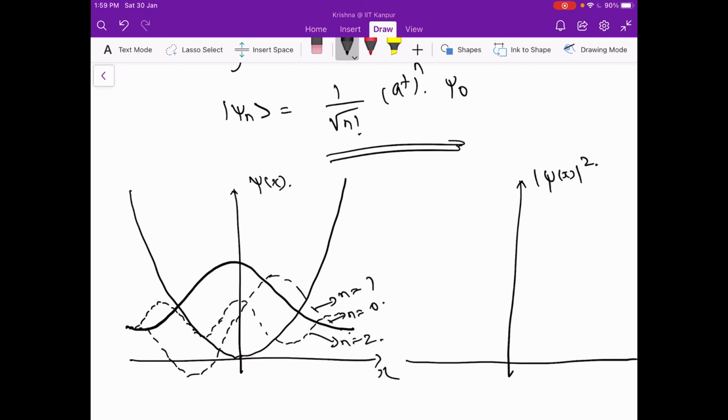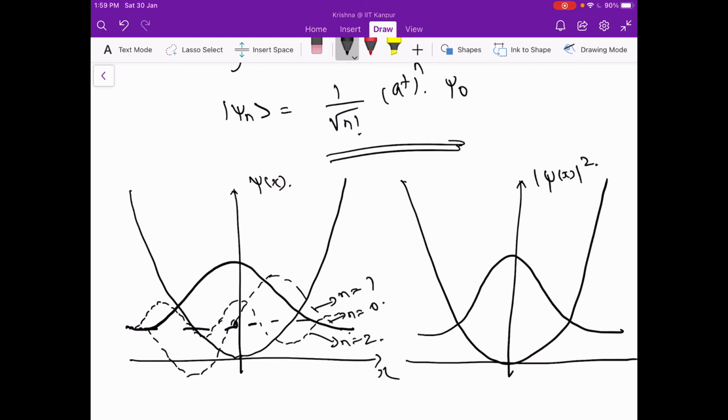So as can be seen, let's say if this is the 0 point, psi of x square will be a much more squeezed function than psi of x, right? It is mod square. So we will have something. This is n equal to 0. N equal to 1 will have, of course, this one cannot have any negative values because psi of x square is known to be a positive real quantity. So you will have a node here.